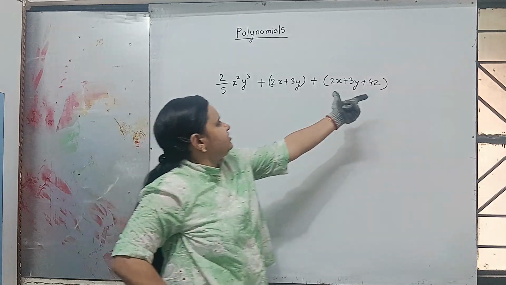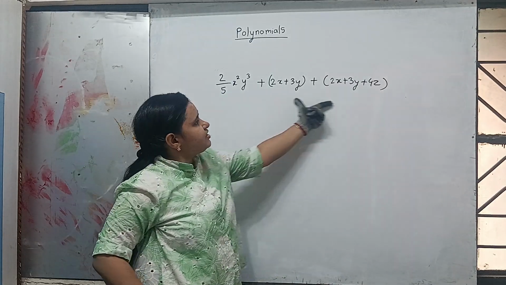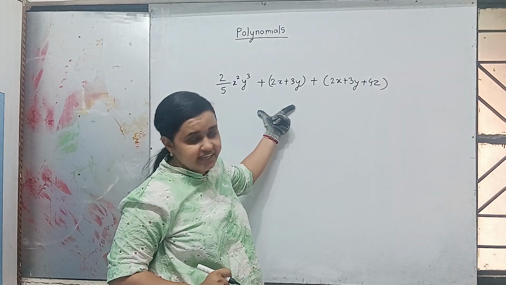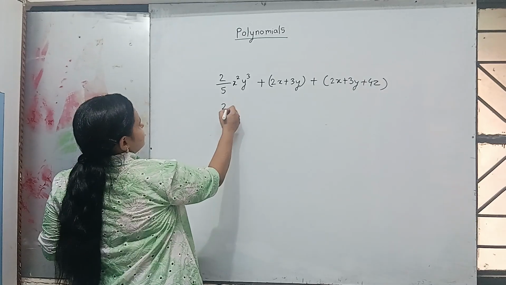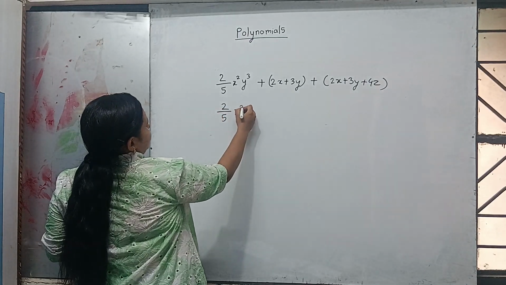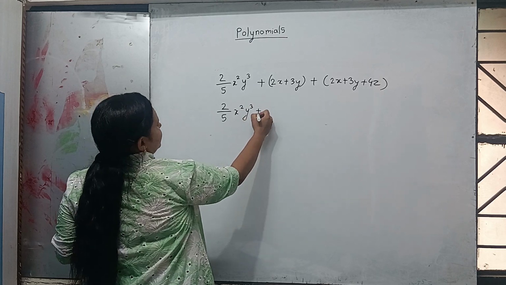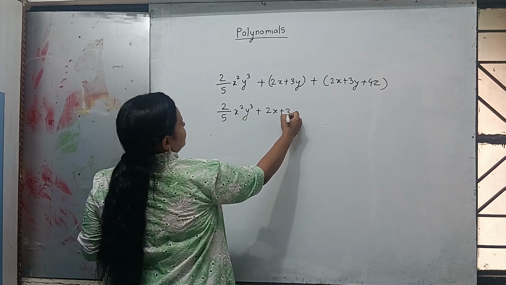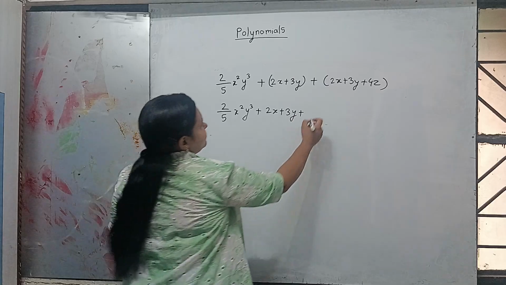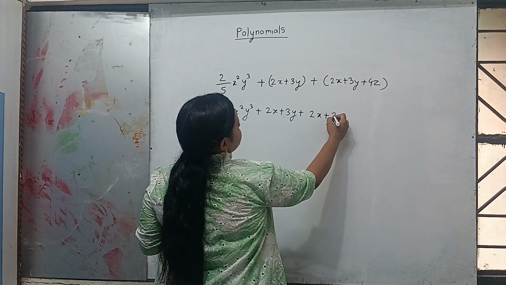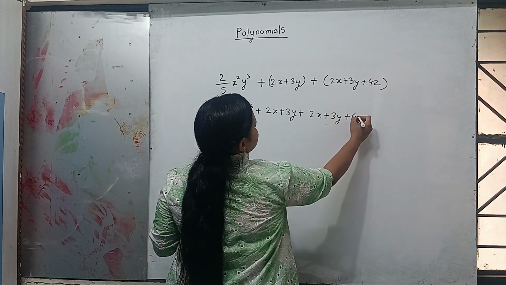Monomial, binomial and this trinomial. If these terms are added, what we will get? Let us see. 2 by 5 x square y cube plus 2x plus 3y plus 2x plus 3y plus 4z.